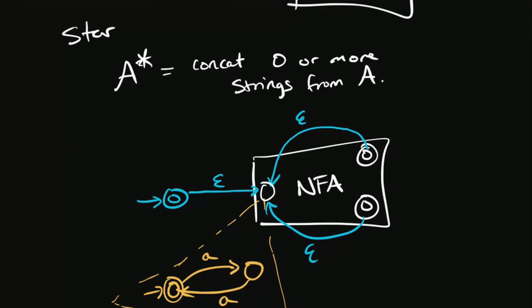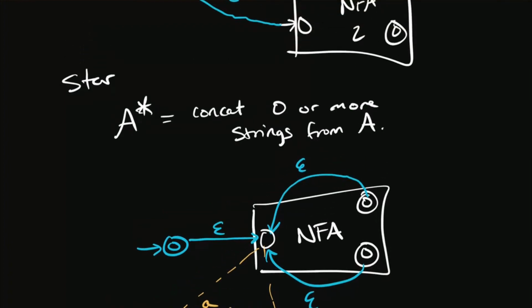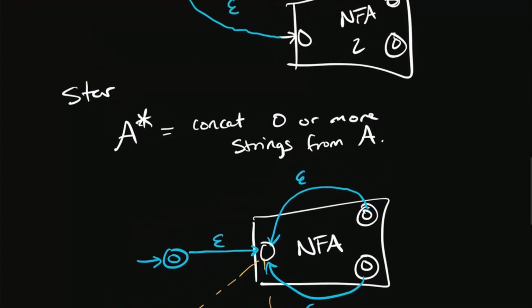Because if I need to look at the NFA, then I need to be clever about, do I actually need to put the original start state to be final? Whereas this approach, I don't care what the NFA actually looks like. I don't need to do any thought about this. So can a computer do this? Yes. So we don't need to do anything clever at all, which is awesome. Okay, but are there any questions about star and how we actually did this?